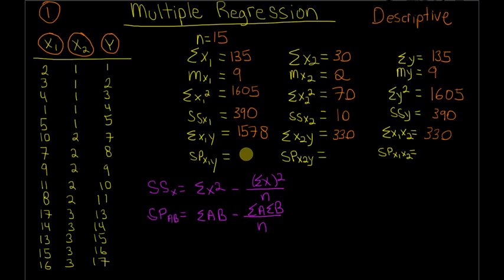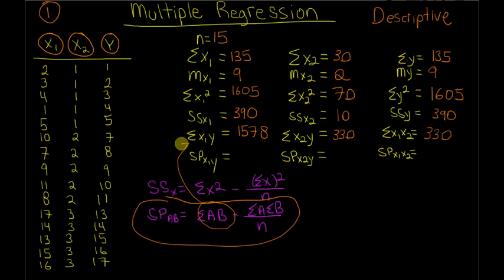Now the final value we want to solve for is the sum of products, again, between each of these combinations that we've been going through. And here's our generic formula. So, for example, here we have x1. Replace a with x1, and then replace b with y to see where the values will fit in this formula. And we've already calculated this value here.